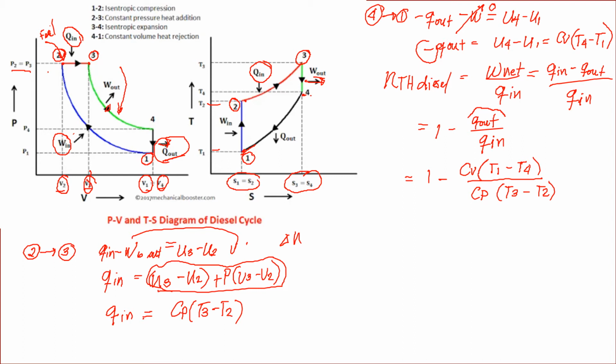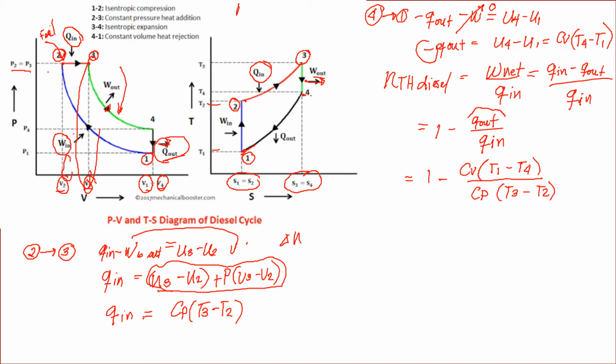And we have another introduction of variables in this one because there is what we call the cutoff ratio. The cutoff ratio is just equal to V3 over V2. Okay, wherein there's a cutoff of heat addition and fuel before it expands and creates work.